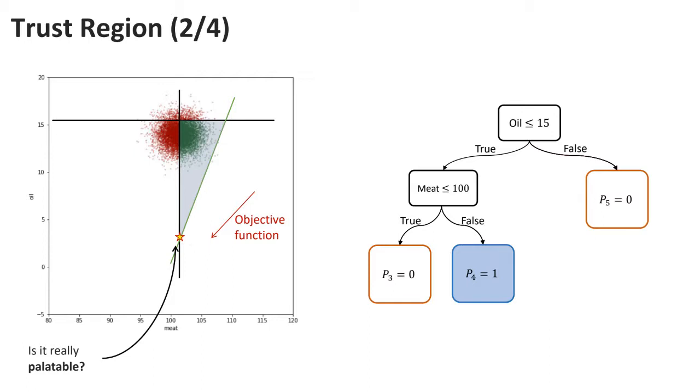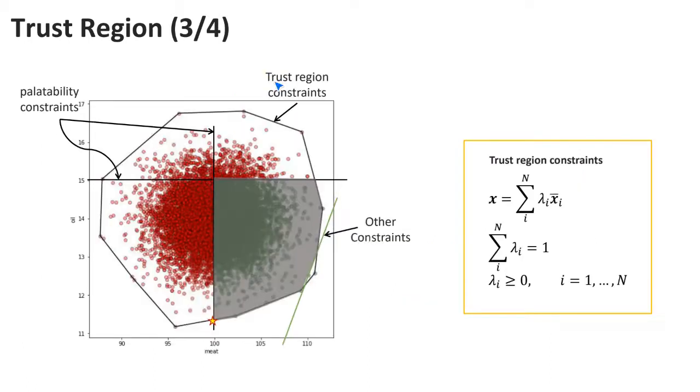So a better approach that we propose is to use some trust region constraints. And basically these constraints are describing a convex hull around my data set. We don't need to find the convex hull, which is something extremely expensive in terms of complexity and time, but we can describe a feasible solution as a convex combination of points. And this is done by using this set of linear constraints, which is extremely fast in practice.